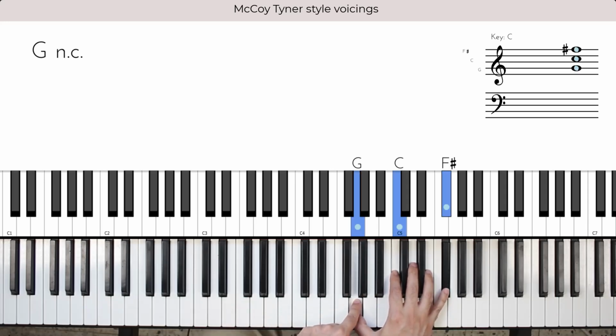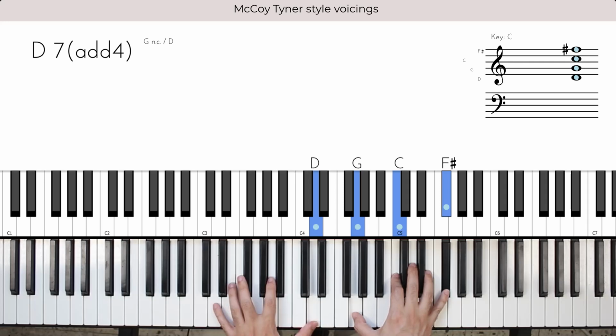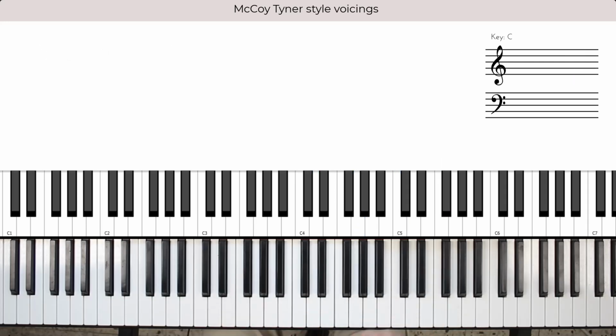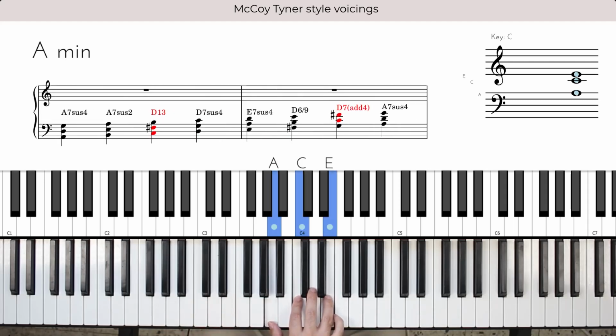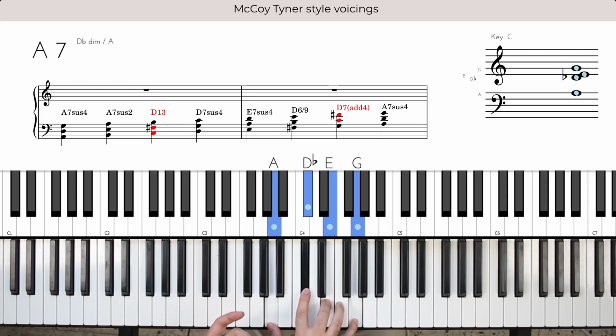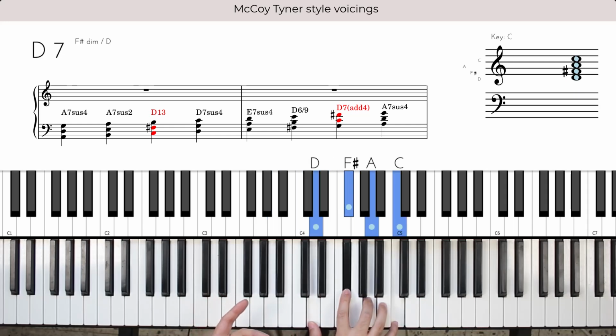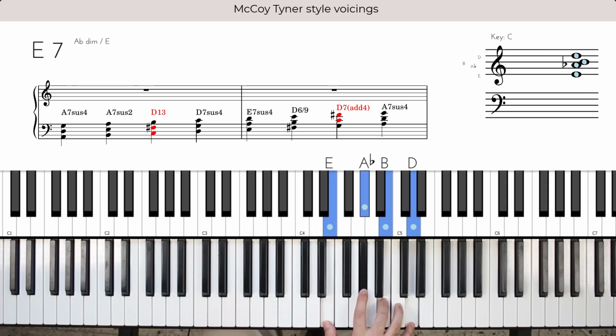This indicates again that we probably have something that is D dominant. I guess you can think of this as an add 4, maybe, like a D7 add 4, which is the way I see it. So really what we're doing is we're playing an A dominant 7, a D dominant 7, and an E dominant 7.